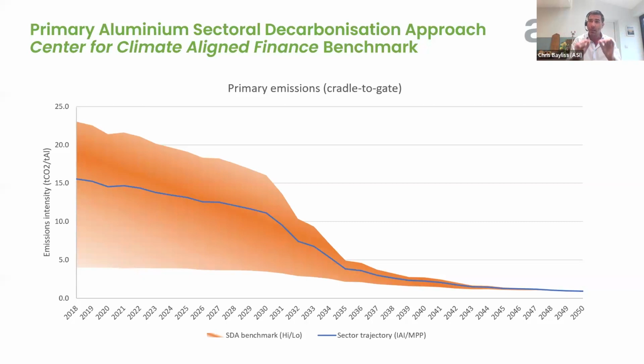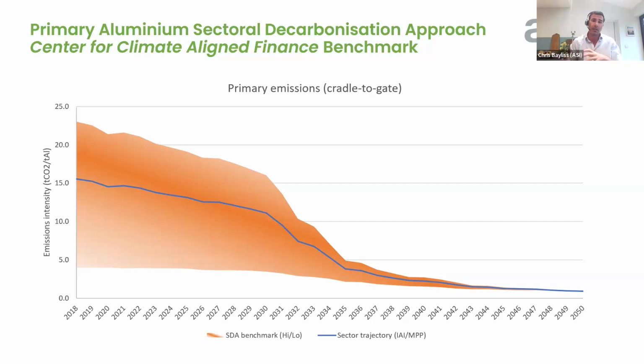That is the Mission Possible Partnership IAI Centre for Climate Aligned Finance data. So that's the sectoral slope.